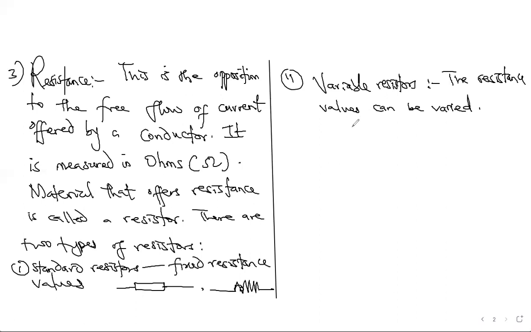Like in the verification of Ohm's law, you use a variable resistor. So you see it like this, or like this, or cross-like. So that's the variable resistor.